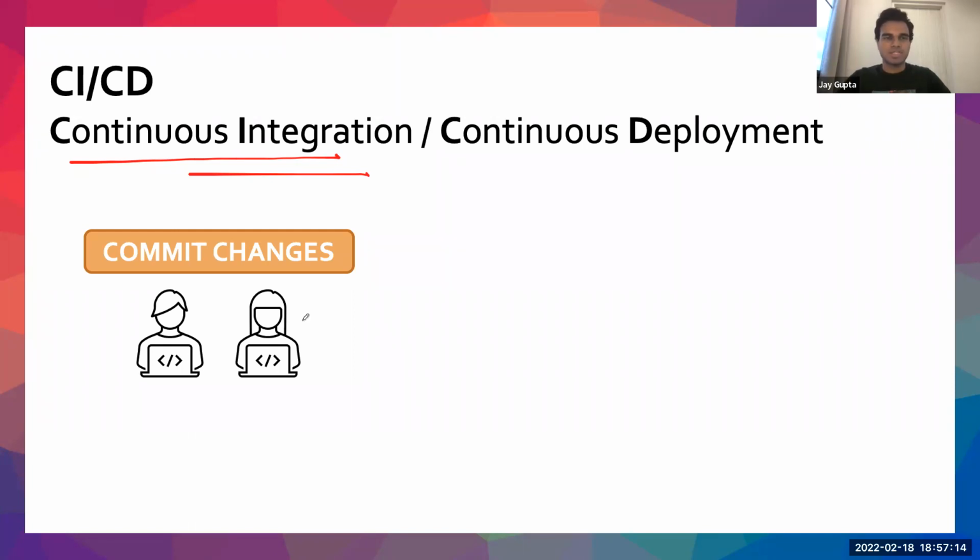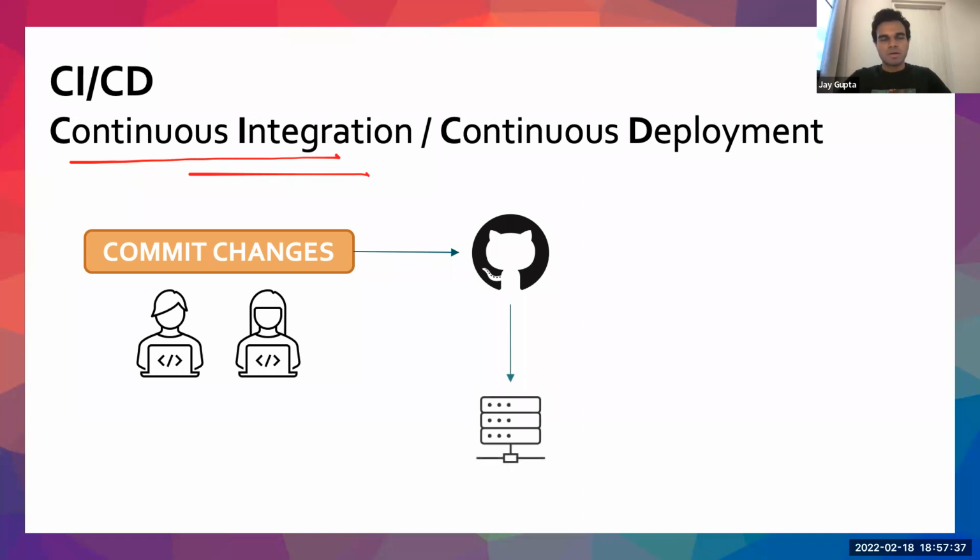The change can be a feature, or a bug fix, or anything like that. Once that happens, they merge it, or basically commit the code, to a central repository. It can be GitHub or any kind of centralized repository system that is out there.